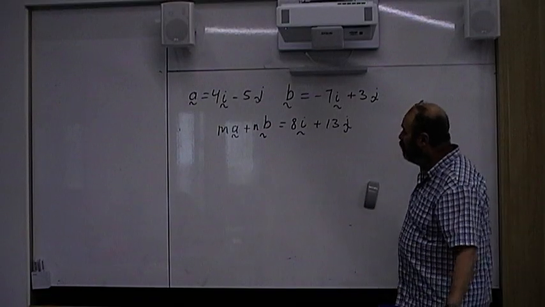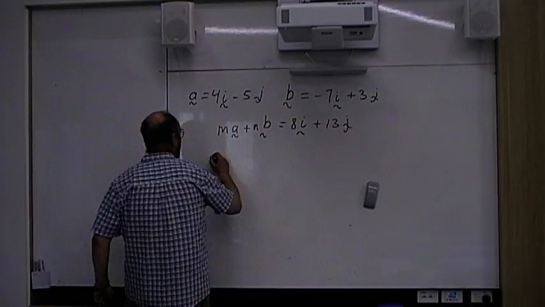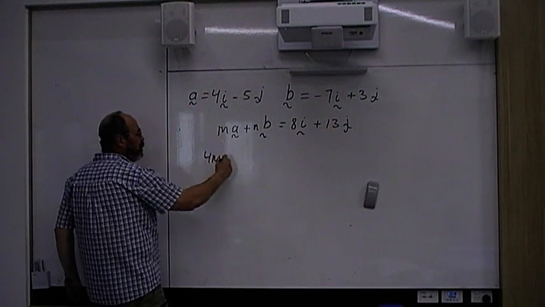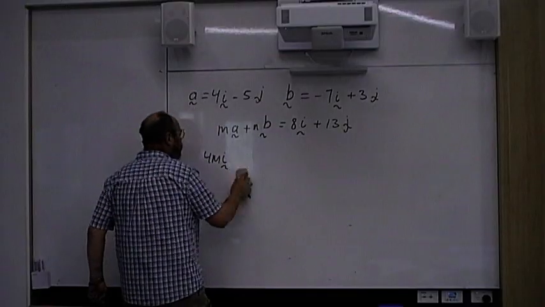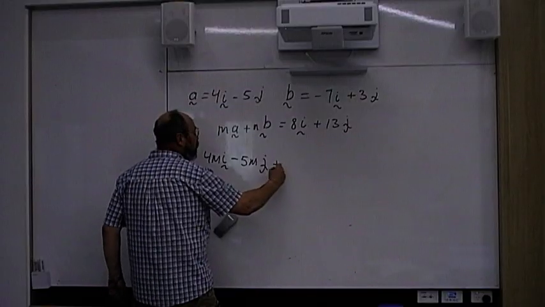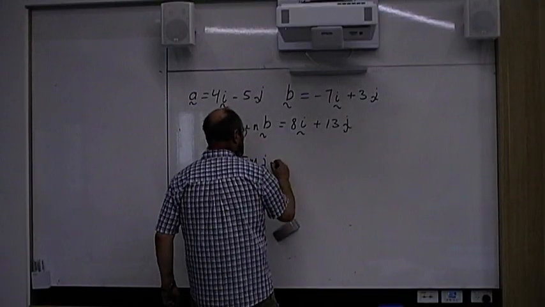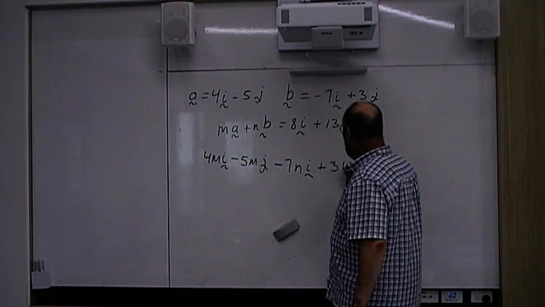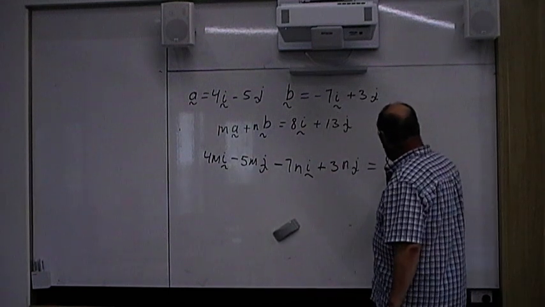You will get simultaneous equations. mA plus nB means 4mi minus 5mj minus 7ni plus 3nj, and that equals 8i plus 13j.